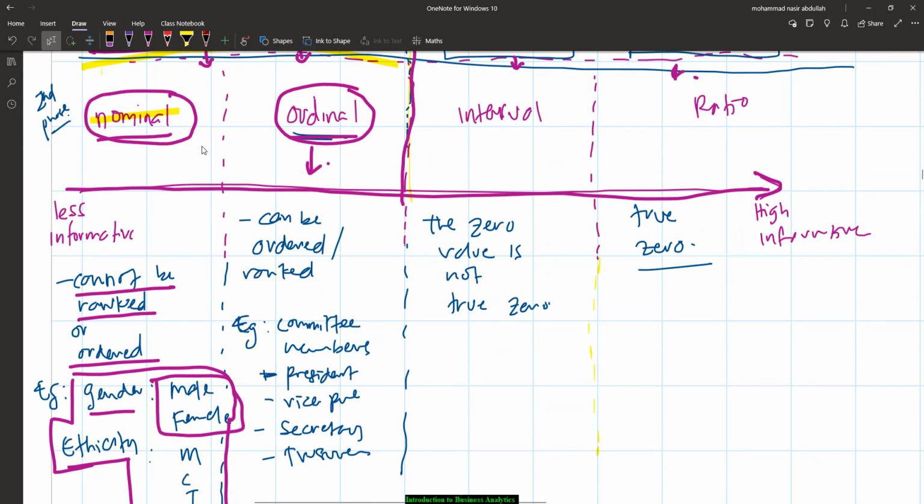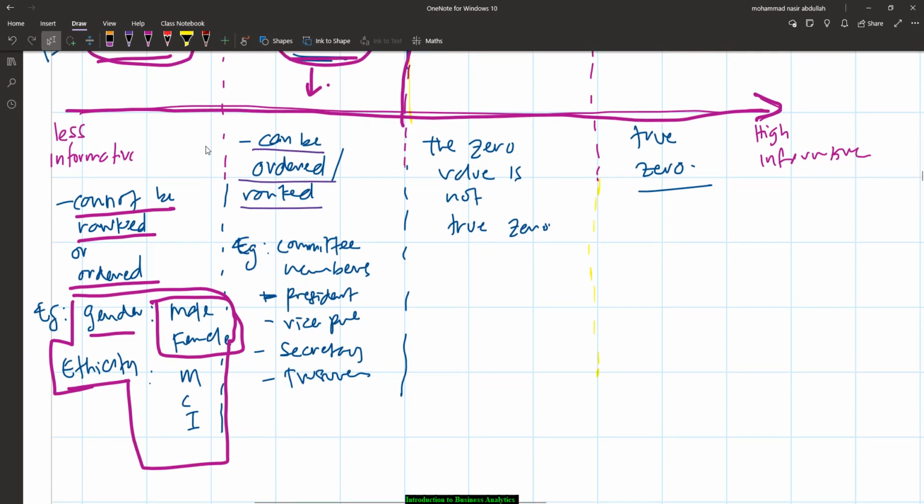So what differentiates between nominal and ordinal? Ordinal, since the name is ordinal, means that the categorical variable can be ordered, can be in order or ranked. For example, let's say your household income.